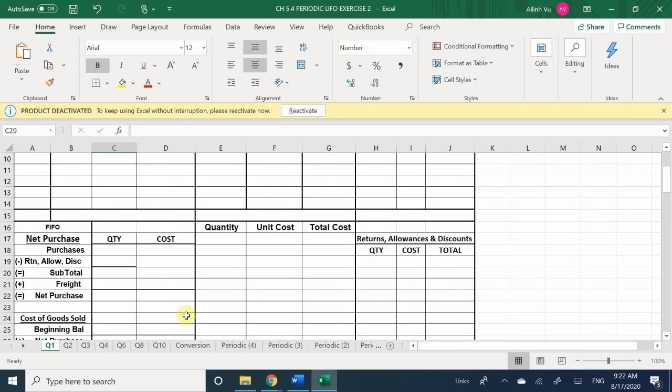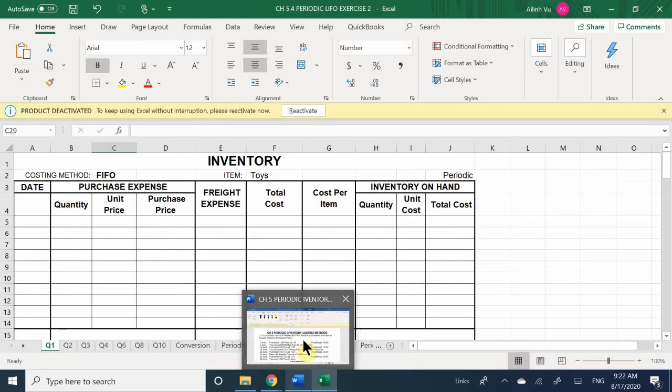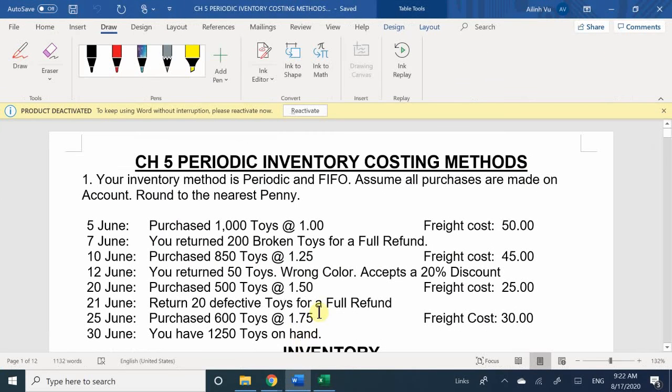Here in the middle, this is your workspace, where you can calculate whether you're solving for your ending inventory or your cost of goods sold. And then here you're going to have a little section for any returns, allowances, and discounts.